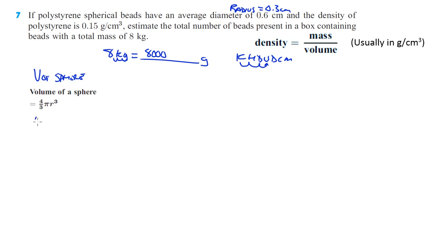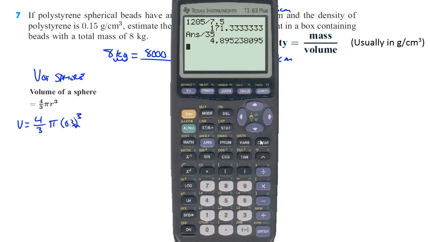So the volume is going to equal 4/3 pi times 0.3 cubed, and that's centimeters, right? So let's put that in our calculator and see what we get. 4 divided by 3 times pi times 0.3 to the 3rd power.